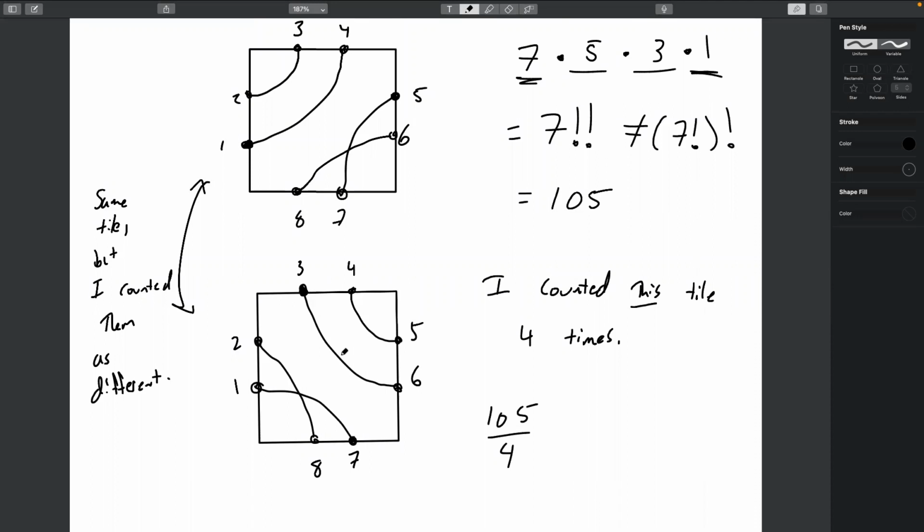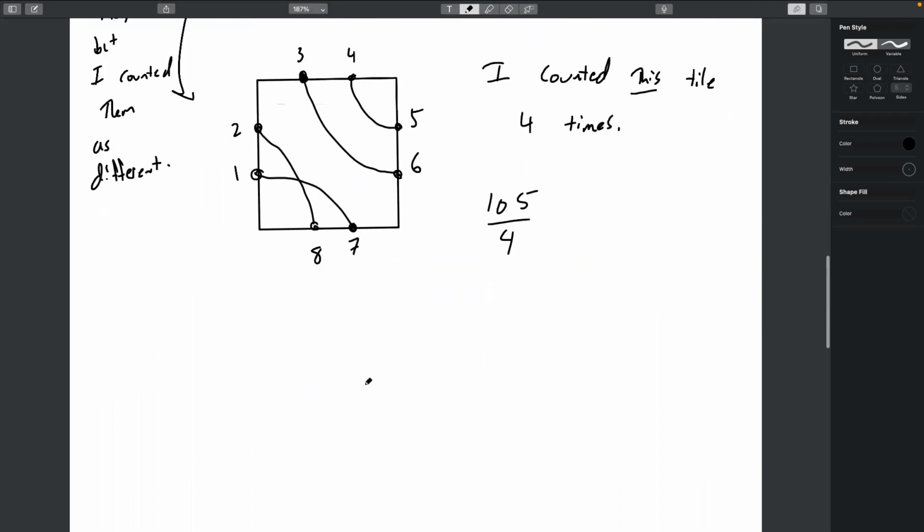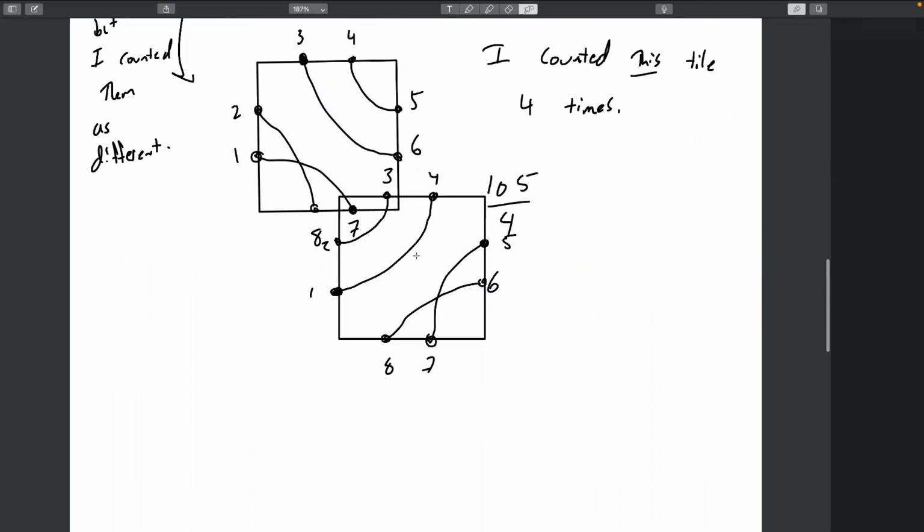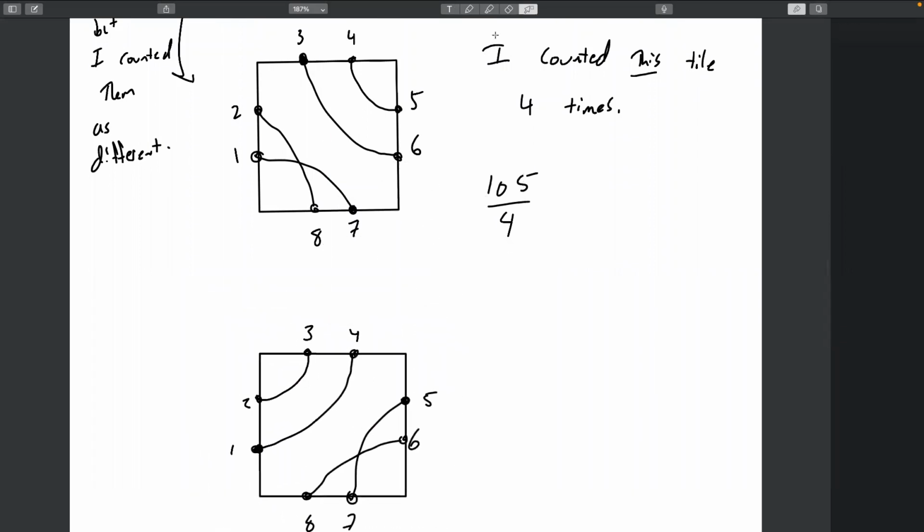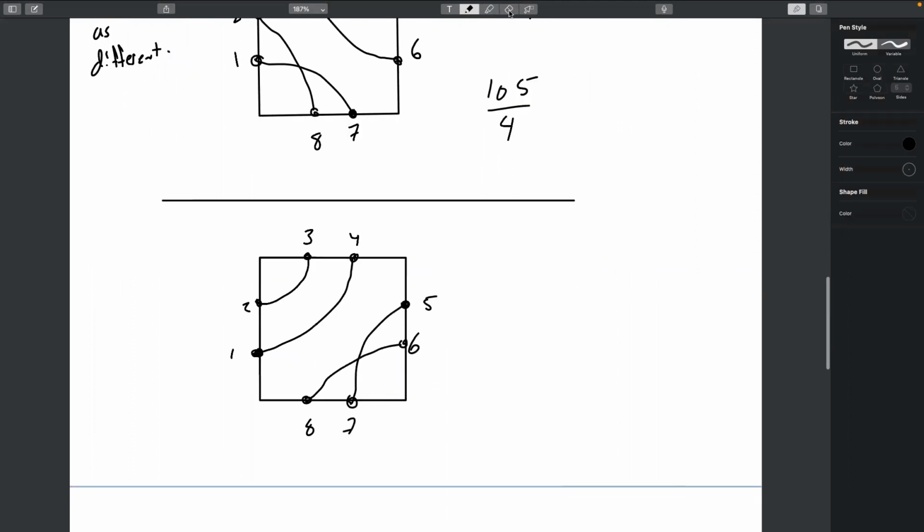James? There could be reflectional symmetries. Yeah. So if I make a tile that looks like this, let me make a really easy one. Like this, right?